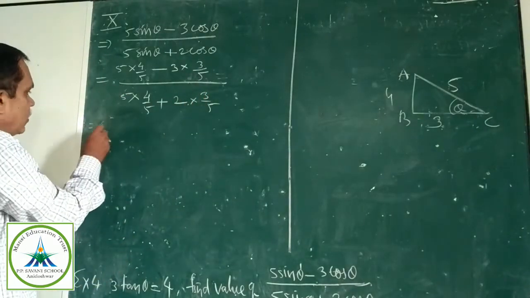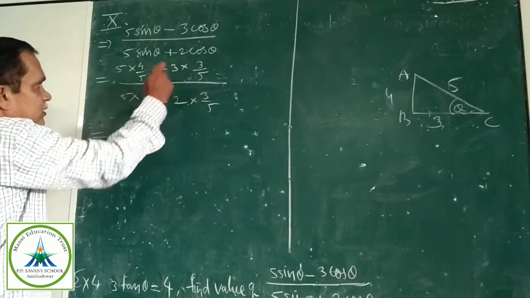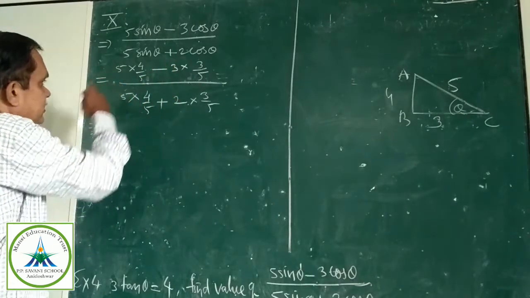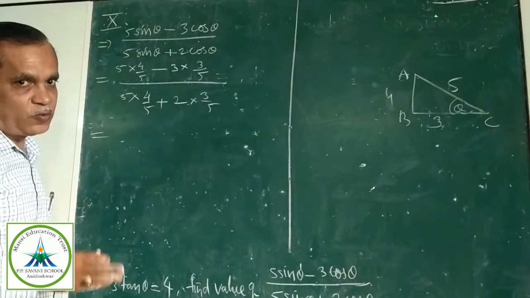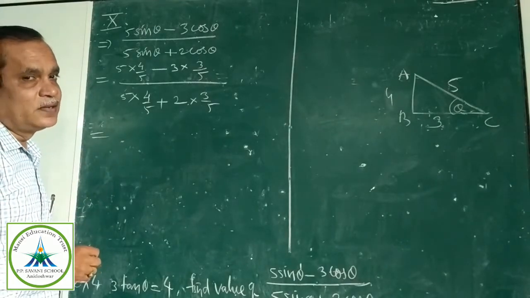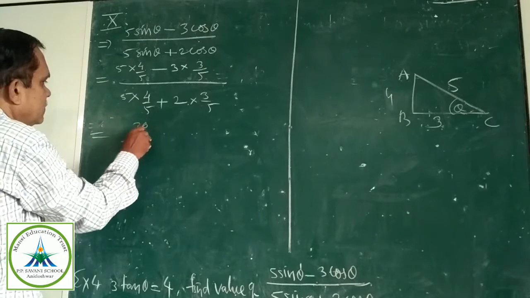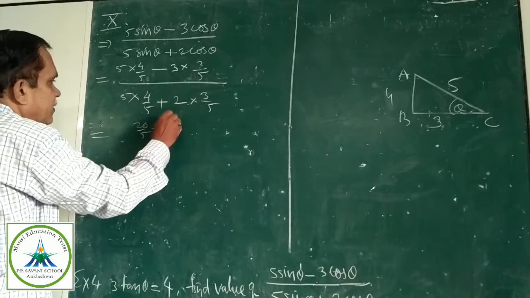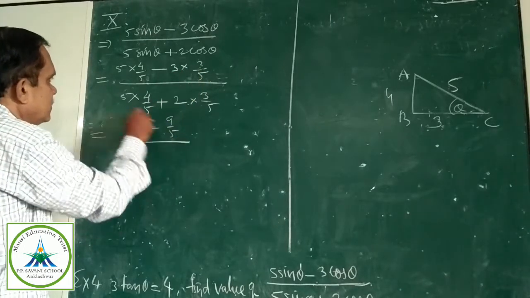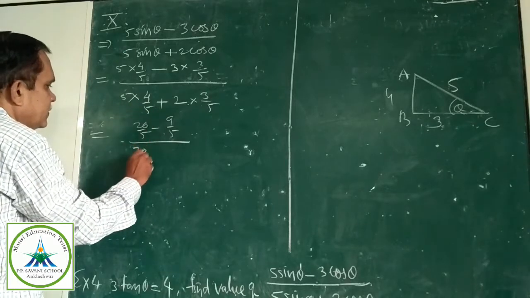Now I will not cancel the 5s because I would have to find an LCM again. 5 fours are 20, 3 threes are 9, 5 fours are 20.